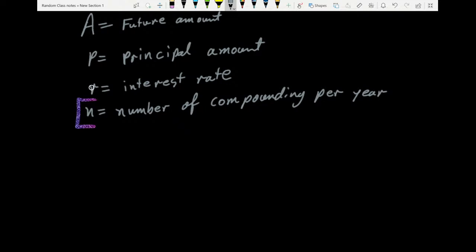This is R right over here, and this is N. And T equals time again in years. The good thing about compound interest is that the time will always be in terms of years.